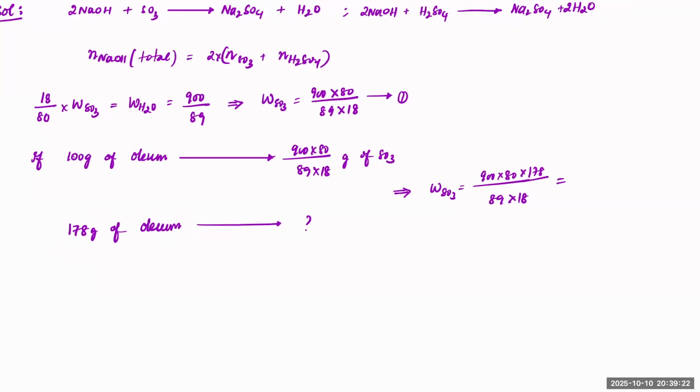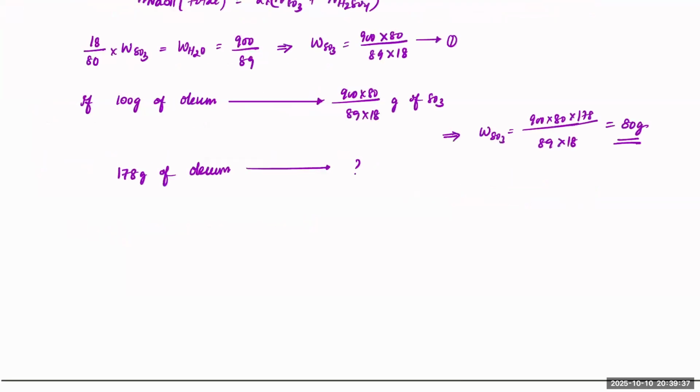Okay. So solving this, you can see this is coming out to be exactly 80 grams. Clear. Since this is 80, the weight of H2SO4 will be simply equal to 178 minus 80, which is equal to 98 grams.